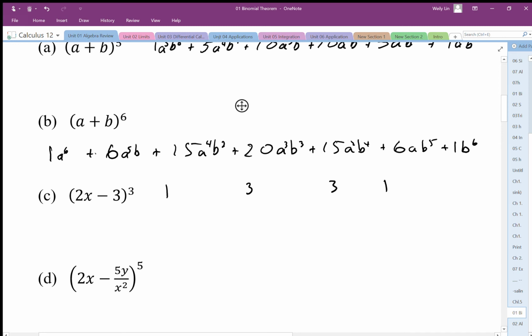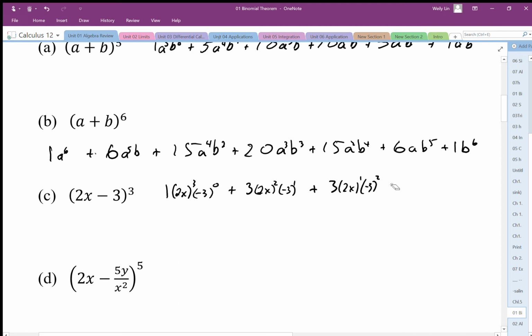Okay, so then doing the power parts, I'm going to have (2x) cubed, and then it's going to be negative 3 to the power 0. I don't really need that part. I get (2x) squared, negative 3 to the power 1, plus (2x) to the power 1, negative 3 squared.